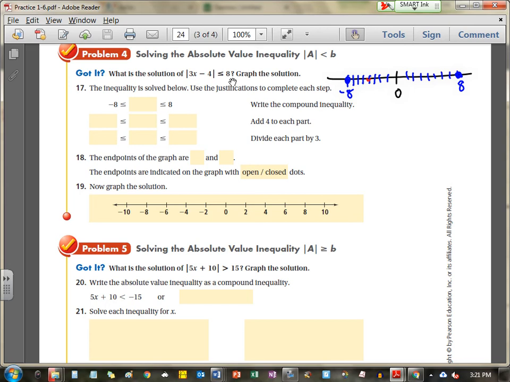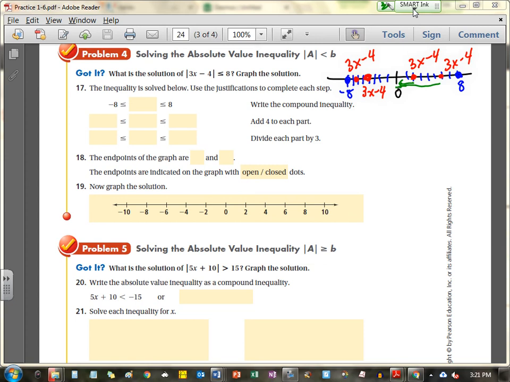So that means that 3x minus 4 is somewhere buried inside the blue region. How do I know that? Because when I measure from 3x minus 4 back to the origin, it has to be less than 8 spaces. That's what this statement is saying.